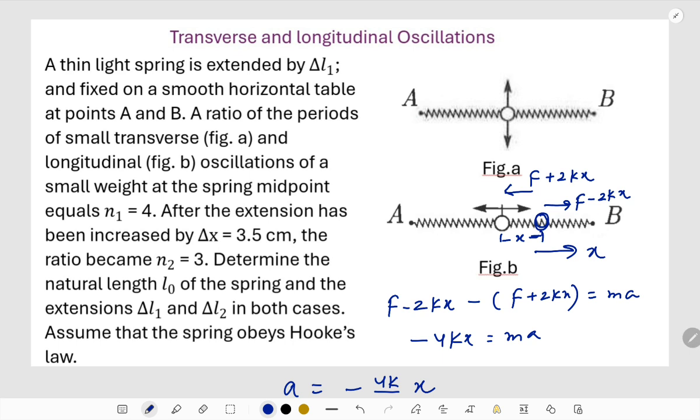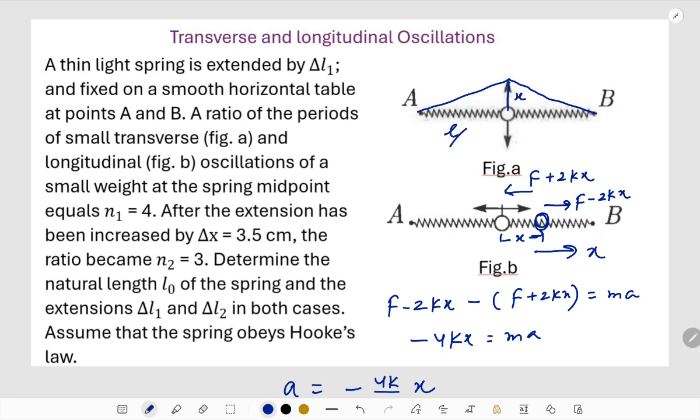Since A and B are fixed points, for small oscillations this picture will convert to something like this, and this is the displacement of the ball from its equilibrium position, and this is the length of the spring.